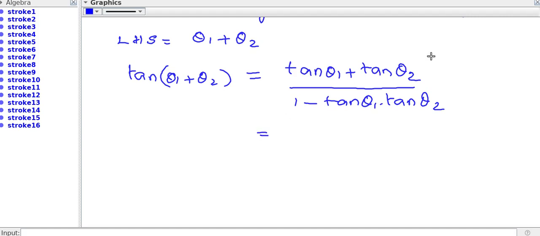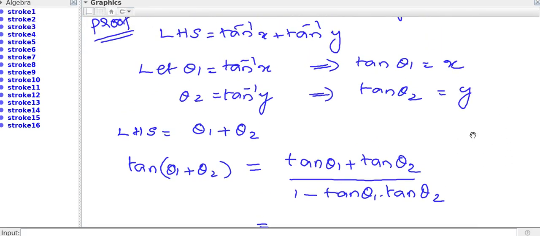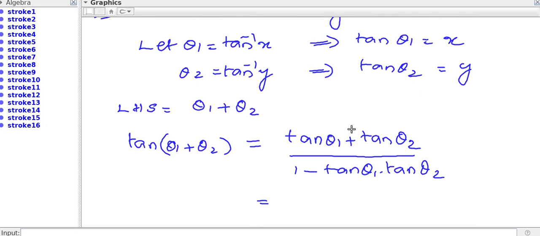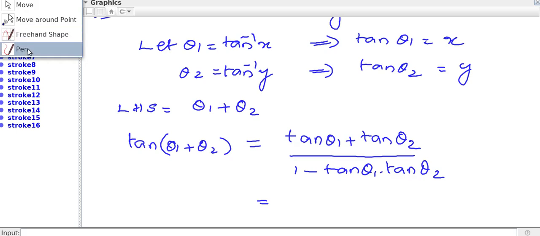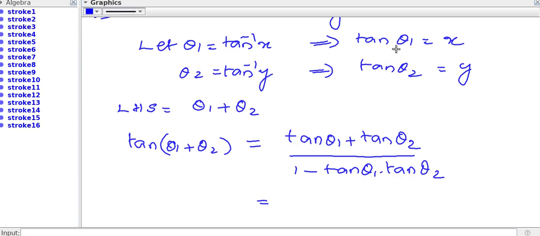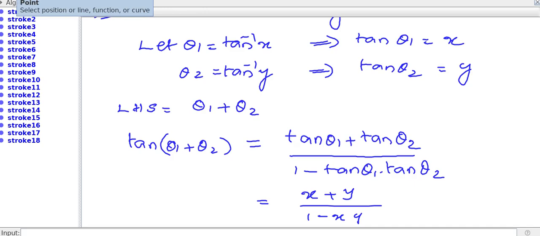So what is tan theta 1? We have the value of tan theta 1 in the initial stage. Tan theta 1 is x and tan theta 2 is y. So let us replace those values here. So tan theta 1 can be replaced by x and tan theta 2 by y, over 1 minus x into y.